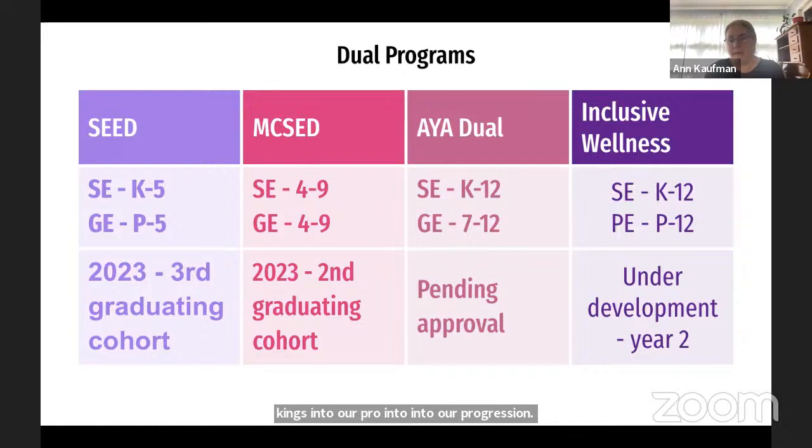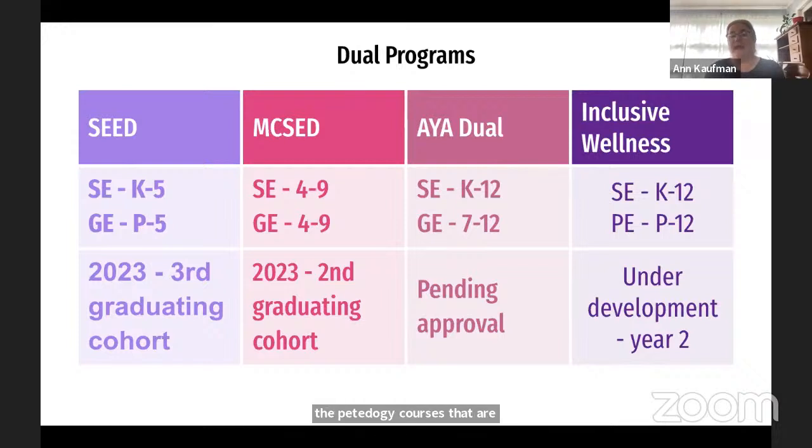On the general education side, students will still major in their content area. For example, if a student wants to teach high school history, they'll actually major in history and complete all the pedagogy courses that are required.